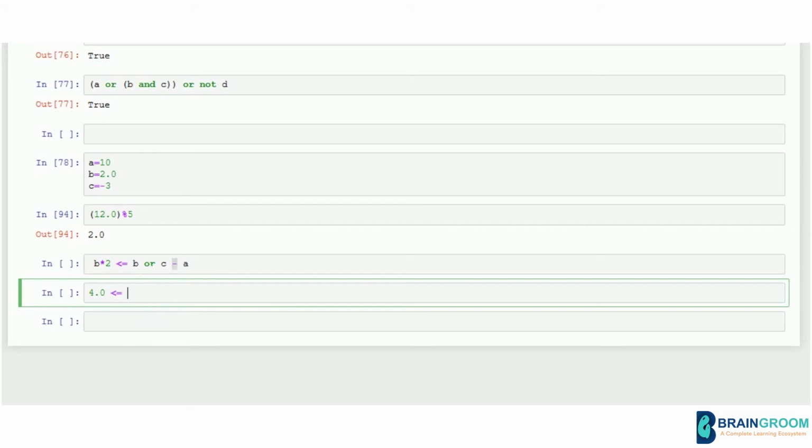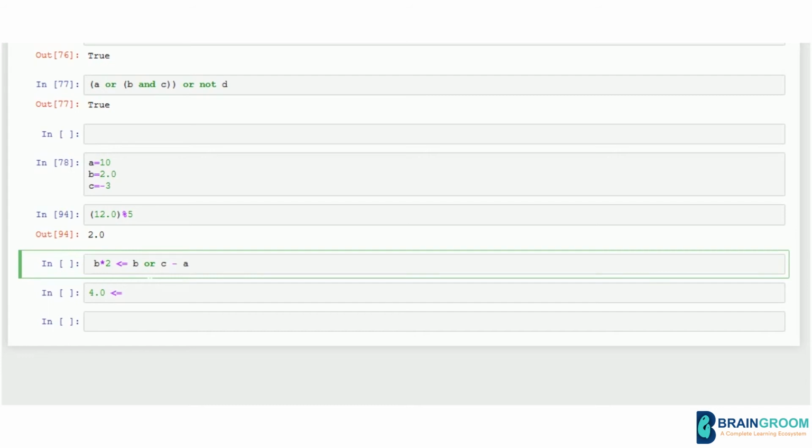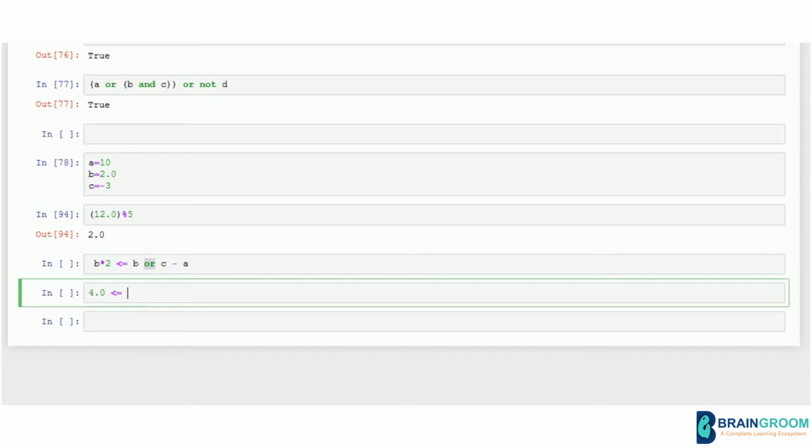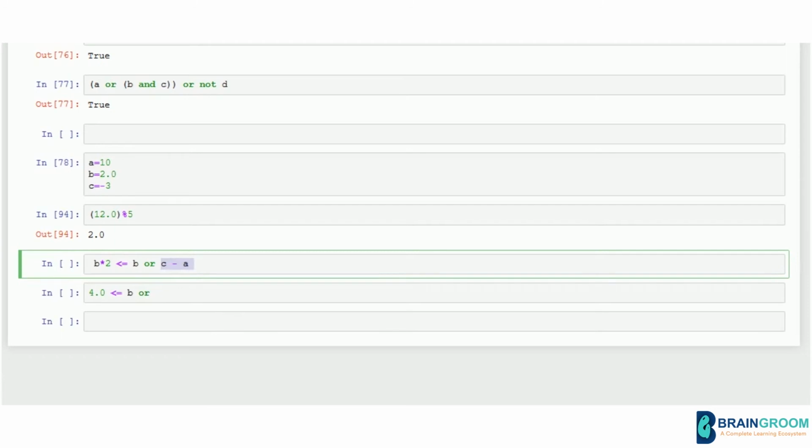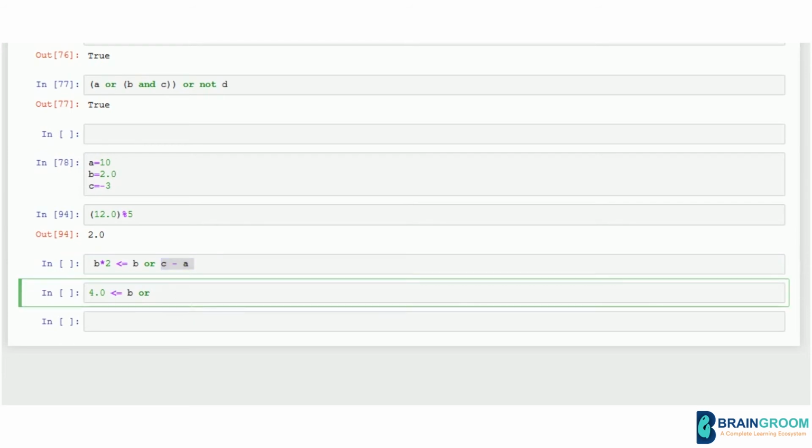Now we have or and minus, and we know arithmetic takes precedence over your logical operator, so this will remain the same for now, and c minus a gets executed first. That is minus 3 minus 10, which is minus 13, so this will be minus 13.